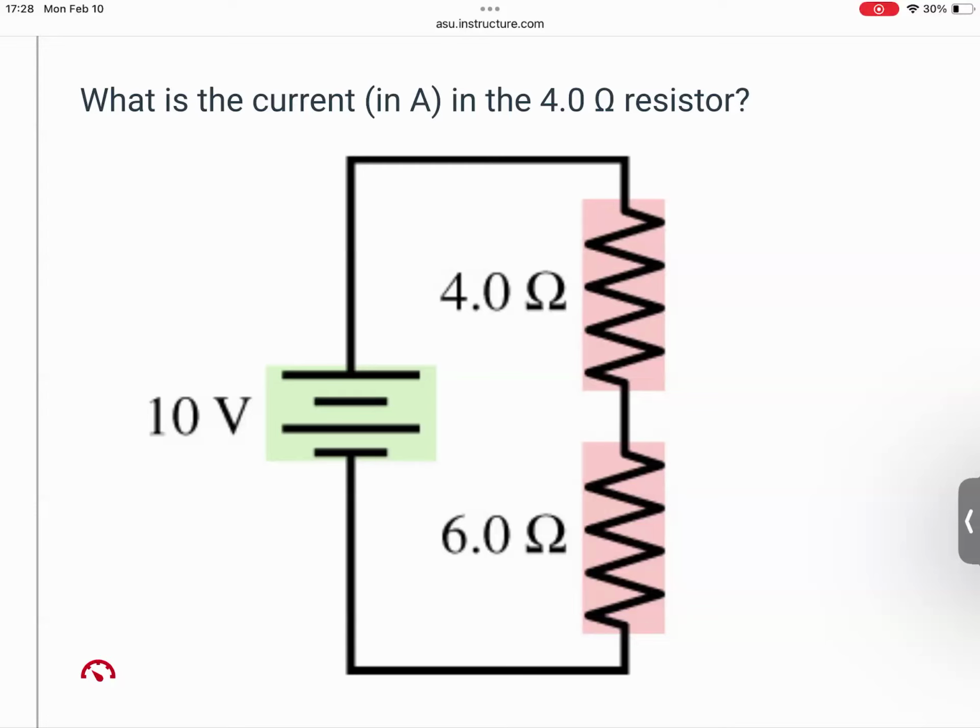Subtract the voltage loss. V equals IR says 4 times 1 is a 4 volt change. And it's always going down in a resistor. If I start with 10 and lose 4, I'm left with 6 volts relative to ground.